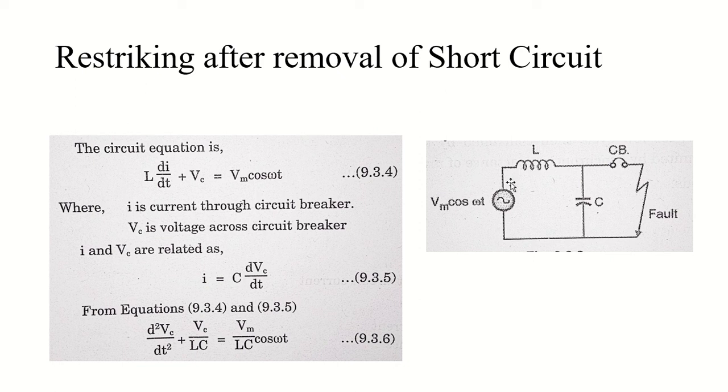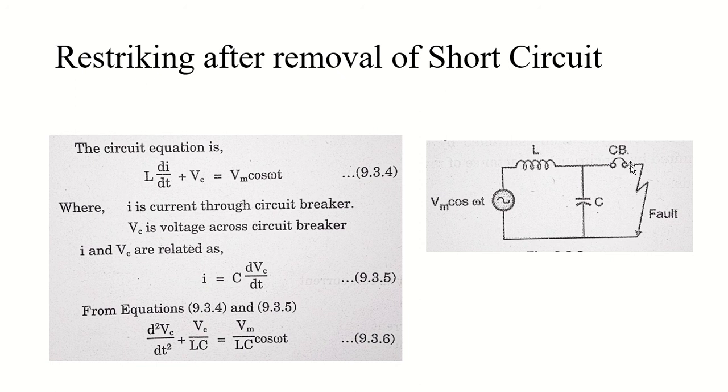It shows a simple circuit in which a load is fed through a circuit breaker, which operates at a fault, and on occurrence of the fault it suddenly isolates the load.